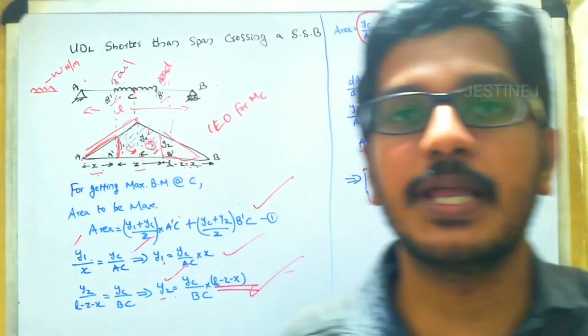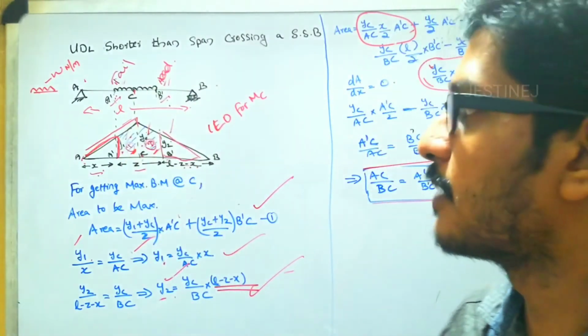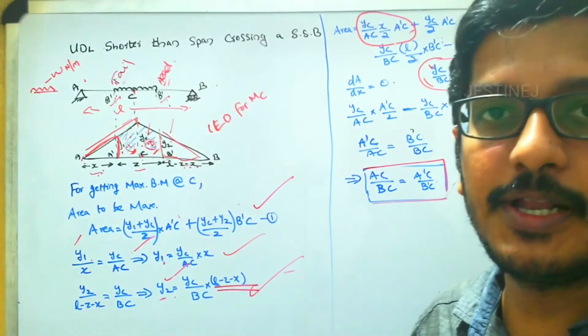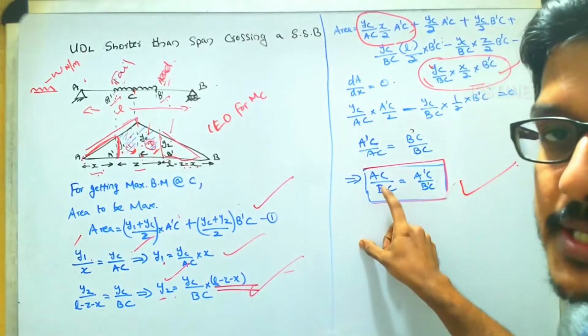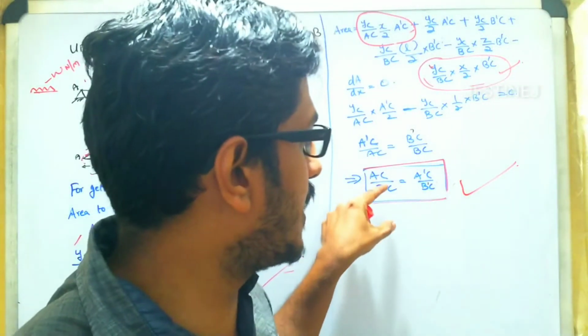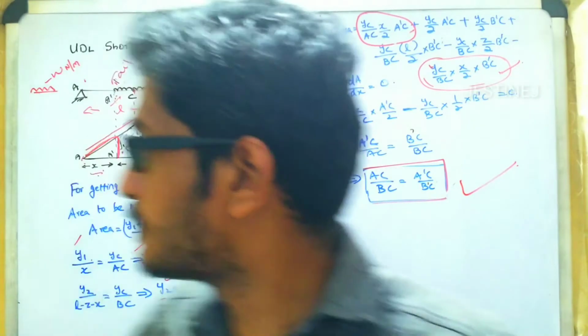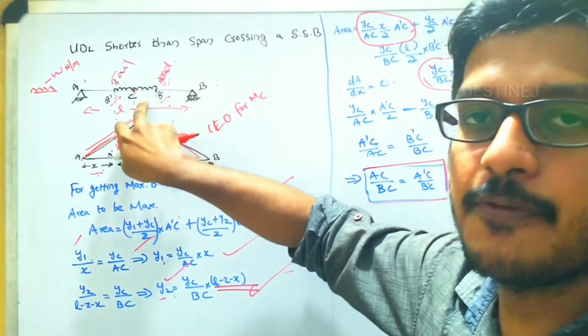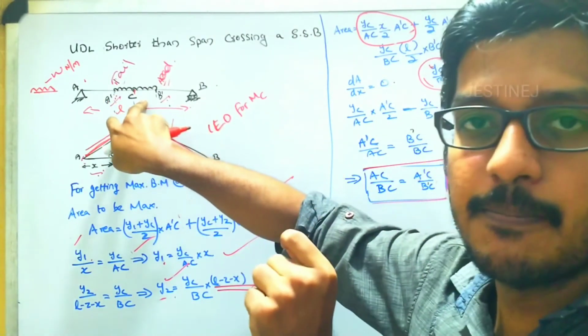Now note how the beam is divided when the UDL is placed in such a way. AC by BC means the ratio in which the point divides the beam.